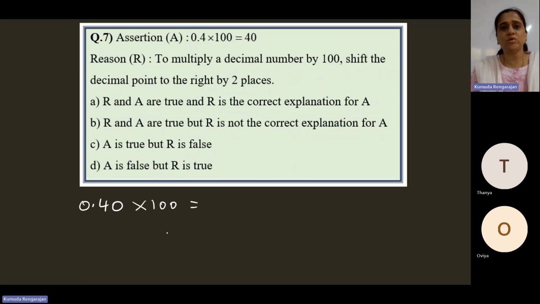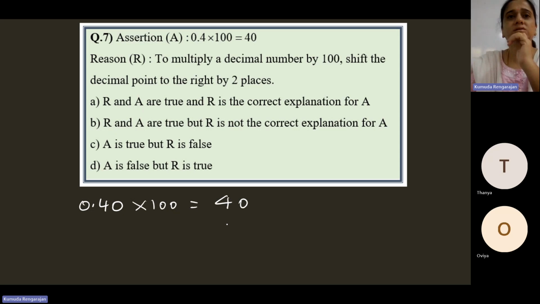I'll treat 0.4 as 0.40 into 100. So what's the rule? We'll have to shift it to the right. When you multiply a decimal number by 100, shift the decimal point to the right by 2 decimal places. So 2 decimal places, 1, 2. So what's the answer? 40. The rule applies to the equation given in the assertion.